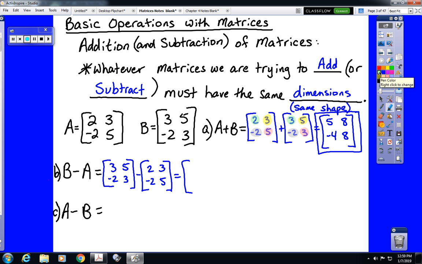So, 3 minus 2 is 1. 5 minus 3 is 2. Negative 2 minus negative 2 is 0. And 3 minus 5 is negative 2.